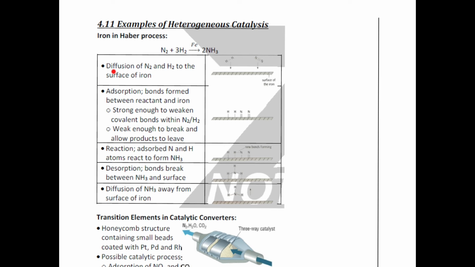Okay, so this is the whole process. And now let's see the points here. Diffusion of N2 and H2 to the surface of iron. That means they come to the iron. And then adsorption happens. Bonds form between reactant and iron, strong enough to weaken covalent bonds within N2 and H2, weak enough to break and allow product to leave.